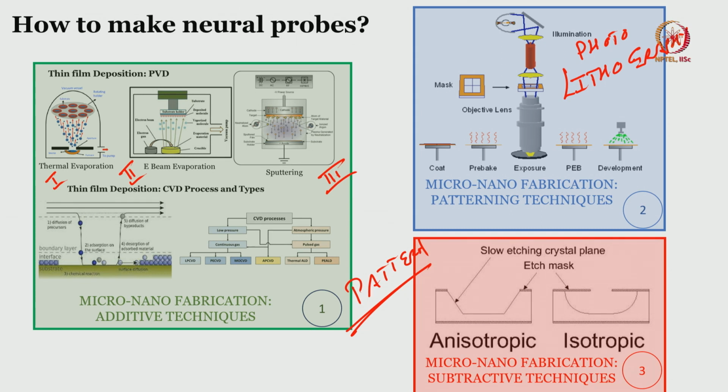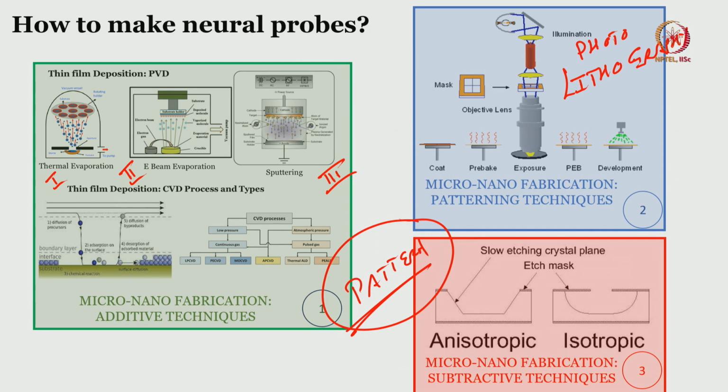It includes several different sub-techniques. For example, in lithography we have to use a mask, photoresist, and exposure time, and etching, whether it is wet etching or dry etching. Several things are associated with lithography, so as to finally pattern certain materials of our interest.